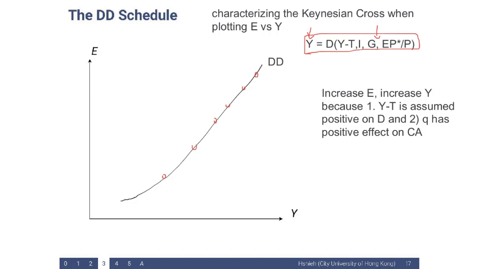All right, so to emphasize, the DD schedule is a representation of all possible equilibria for different values of E and Y. Every point on this line means that demand equals supply. Therefore, we are in equilibrium.